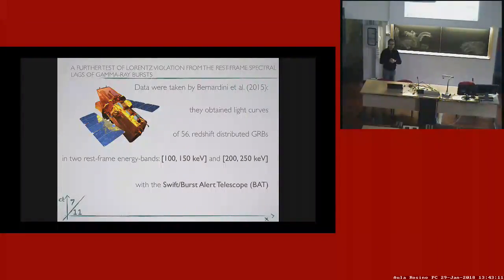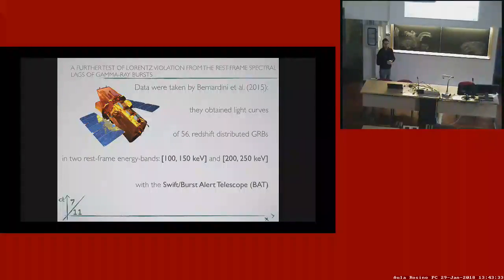Data, finally, were taken by another work by Bernardini and collaborators about a sample of 56 GRBs that are redshift distributed between 0.3 roughly and 5.47, if I remember.